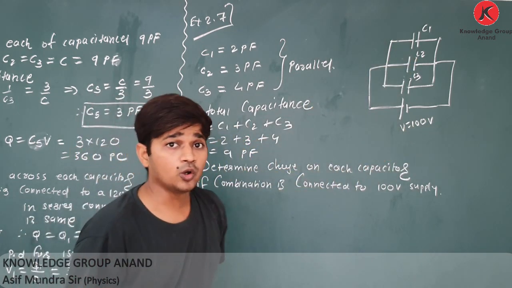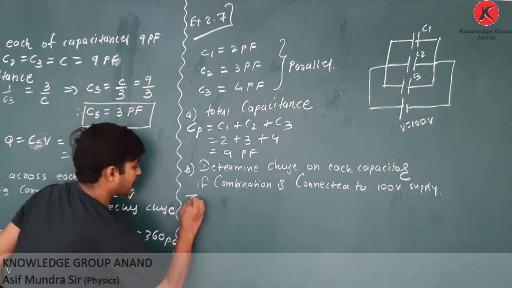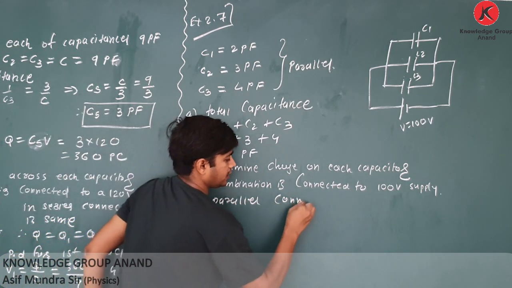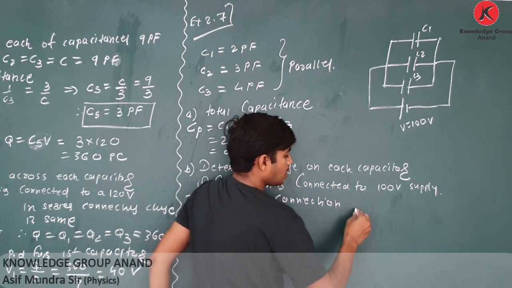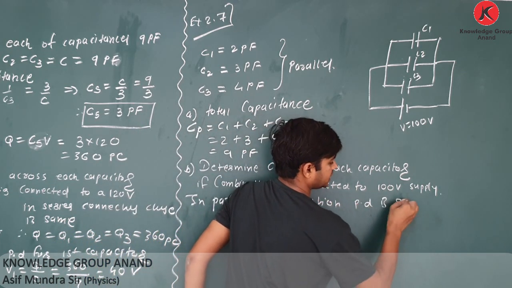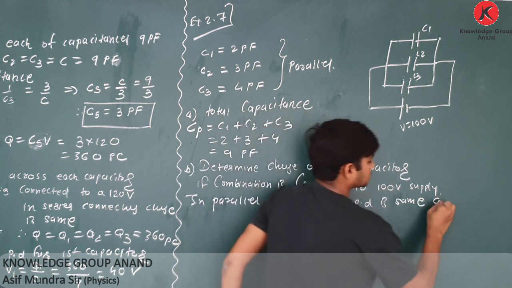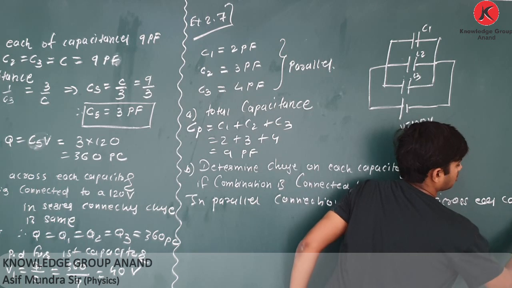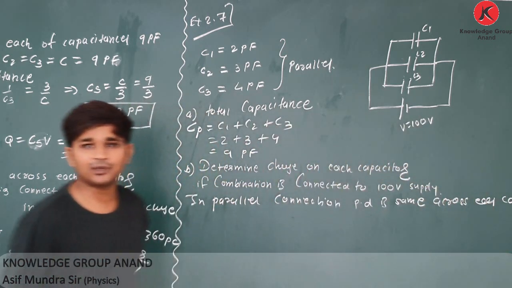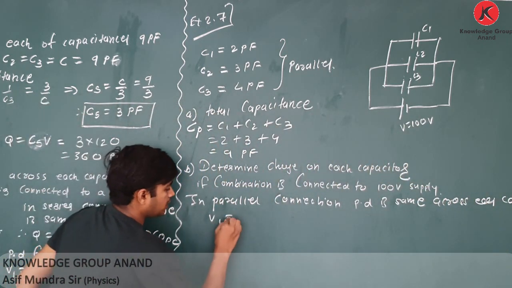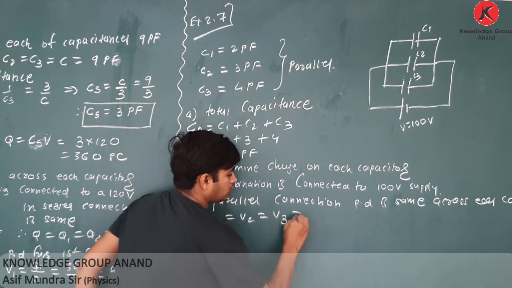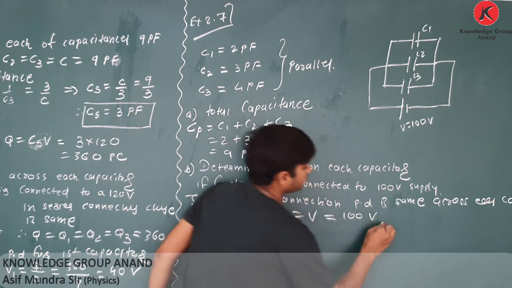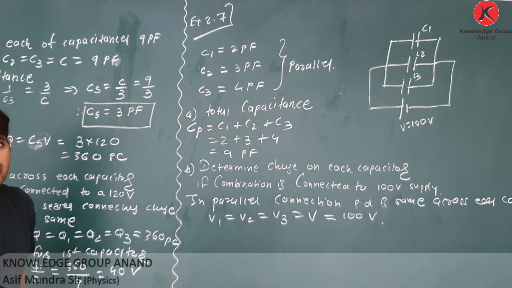Okay, now in parallel connection, we know that potential difference is same across each and every capacitor. So how to write? V1 is equal to V2 is equal to V3 is equal to V, that is supply voltage, and it is 100 volt.